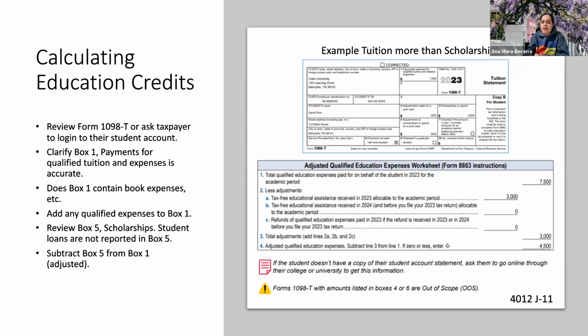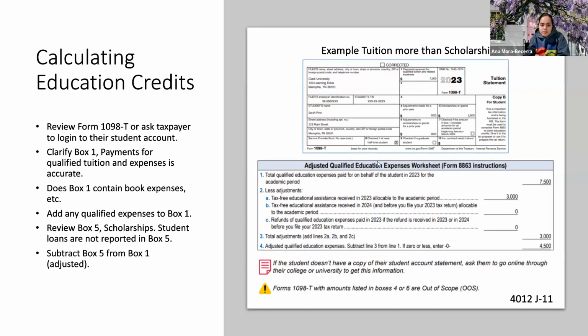And then you compare box 5 with box 1 to see which is larger or smaller. If box 5 is larger, then that is considered taxable income, scholarship income. If box 1 is larger than box 5, then that's a benefit they can take, so it could be a credit that they might be qualifying for.